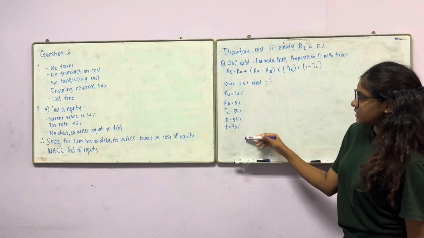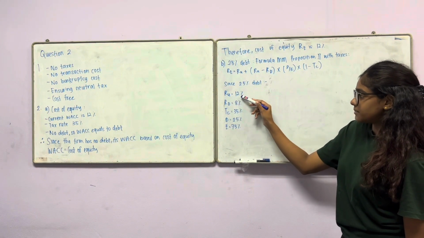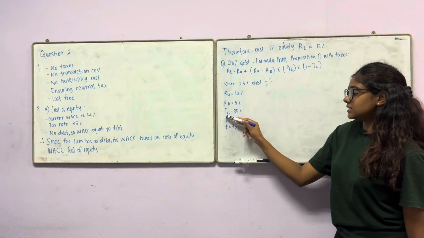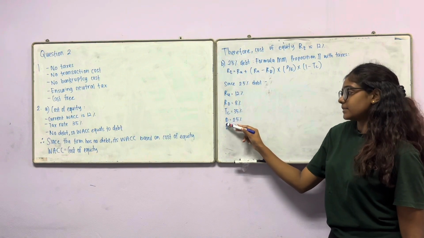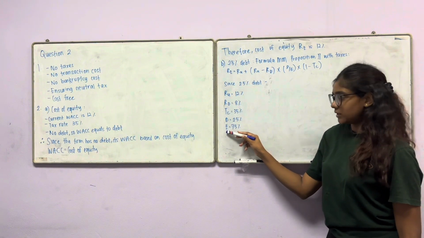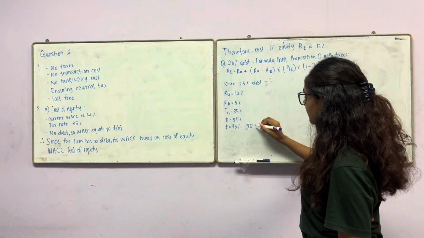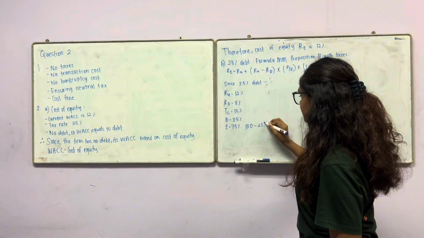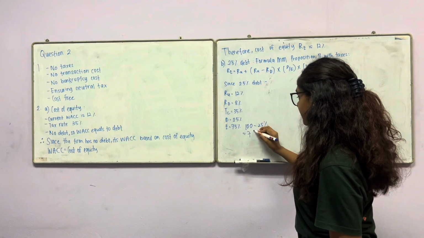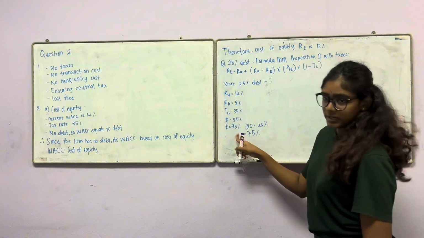RU is 12%, RD is 8%, tax rate is 35%, debt is 25%. To get equity, we calculate 100 minus 25%, which gives 75%. That will be our equity.